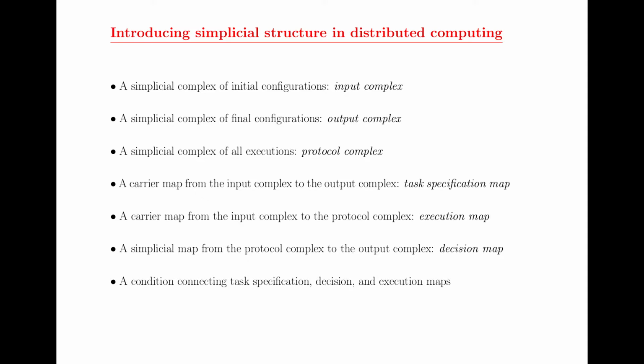And then, when you have all this language, you can actually phrase simplicially what it means that the protocol solves the task. You can define all these things simplicially, and you basically come up to saying something like the protocol solves the task if a certain diagram commutes. Now it's not going to be a diagram of simplicial maps, it's going to be carrier maps, so commute will mean that it's an inclusion instead of equality.